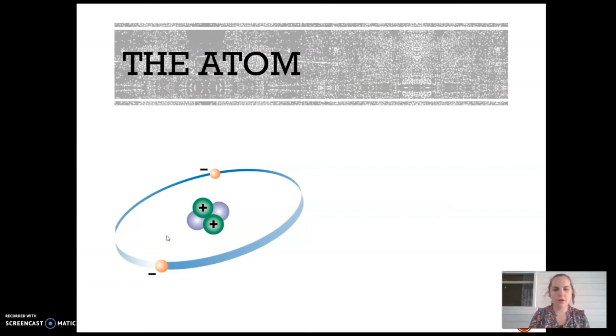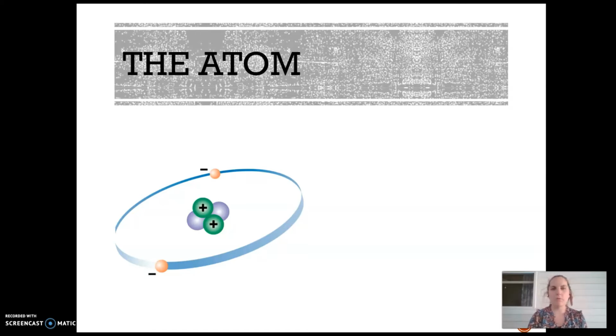So starting off, let's think back to when we were talking about the atom. As we know, atoms are made up of three subatomic particles: the proton, the neutron, and the electron. Protons have positive charges, neutrons have neutral charges, and electrons have a negative charge. Remember that the charge we have assigned to them is a fundamental idea.